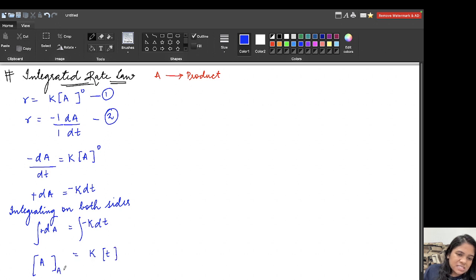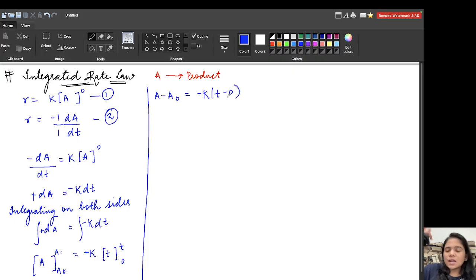My A is going from A0 to A and time is going from 0 to T. Then this will be A minus A0, the minus sign coming outside, equal to minus K times T minus 0.